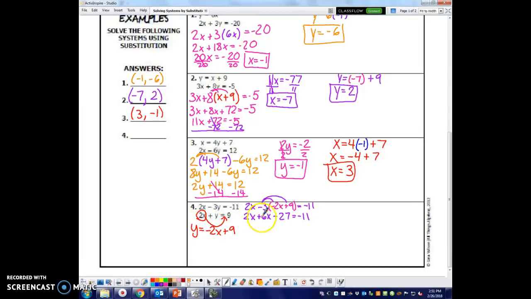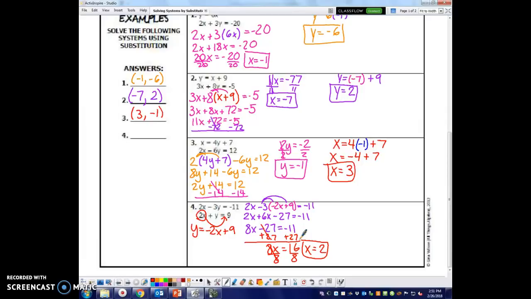Now we combine like terms. 6x plus 2x is 8x minus 27 equals -11. Okay, now we're going to add that 27. So we have 8x equals -11 plus 27, which is 16. Divide by 8. 16 divided by 8 is 2.